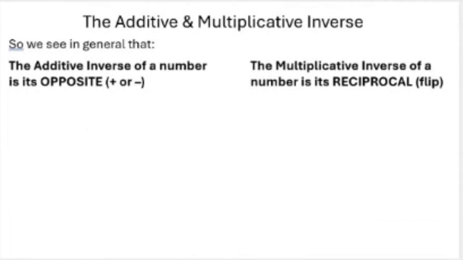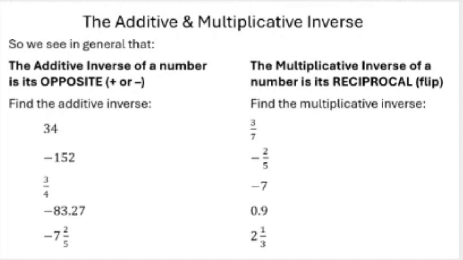So, in summary, the additive inverse of a number is just its opposite. So when they ask you the complicated sounding question, what is the additive inverse of 34? You know it's just negative 34. In fact, all the way down, we're just going to do the left side in one shot here. It's just the opposite sign. The additive inverse of negative 152 is positive 152. Doesn't matter if it's a fraction. The additive inverse of 3/4 is negative 3/4.